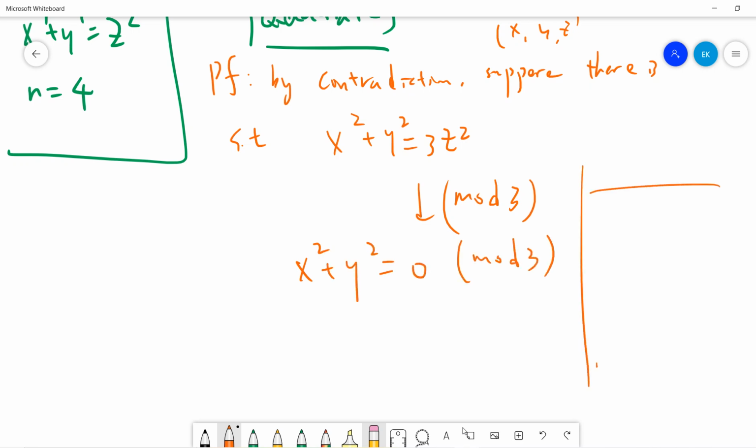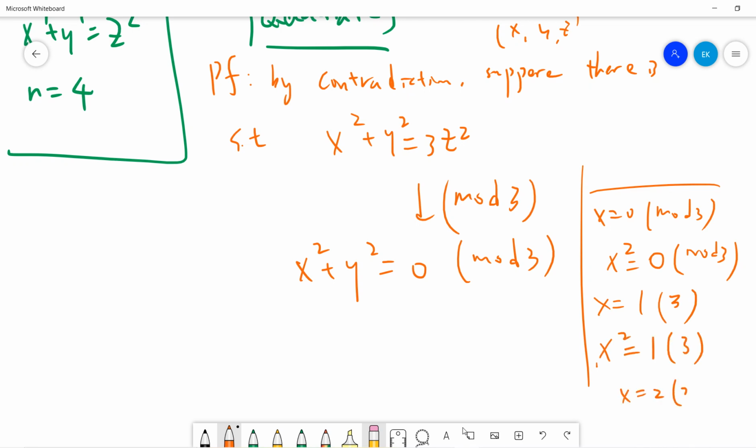We know that if x is 0 mod 3, then its square will be 0 mod 3. If x is 1 mod 3, then x squared will be 1 mod 3. If x is 2 mod 3, then x squared will be 4 mod 3, but 4 mod 3 is 1 mod 3.